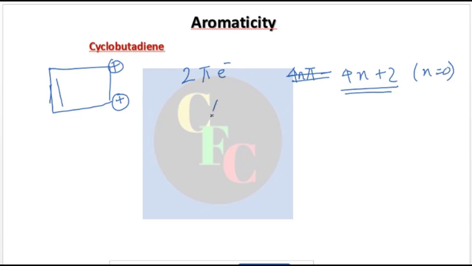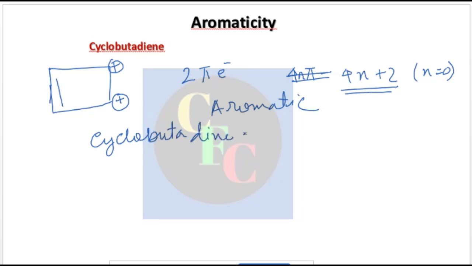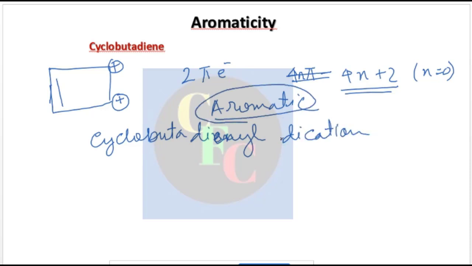So this is aromatic, right? And what is the name of this one? This is the cyclobutadienyl dication, right? So this is aromatic.